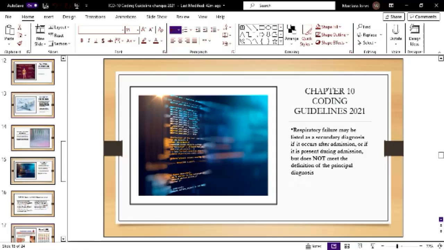Respiratory failure may be listed as a secondary diagnosis. They're saying that you can list respiratory failure as a secondary diagnosis if the respiratory failure occurs after the patient has been admitted or if it's present during admission, but does not meet the definition to be coded as the principal diagnosis.